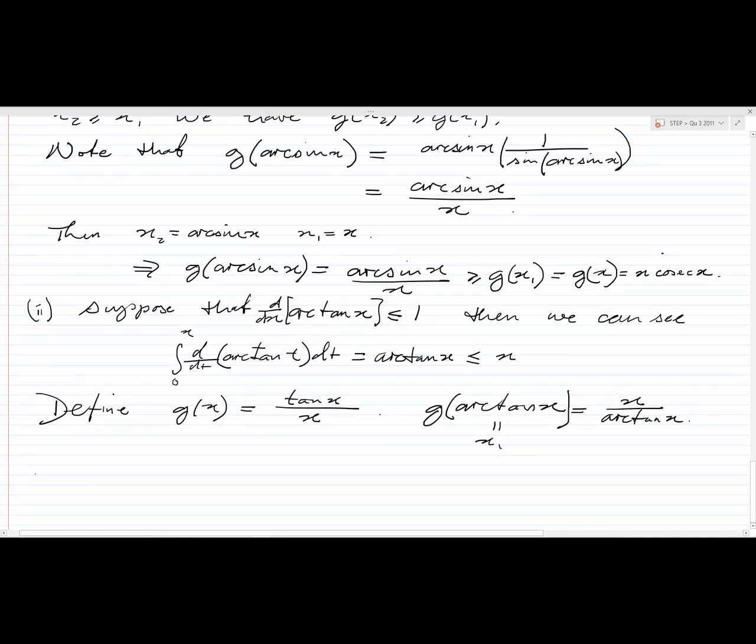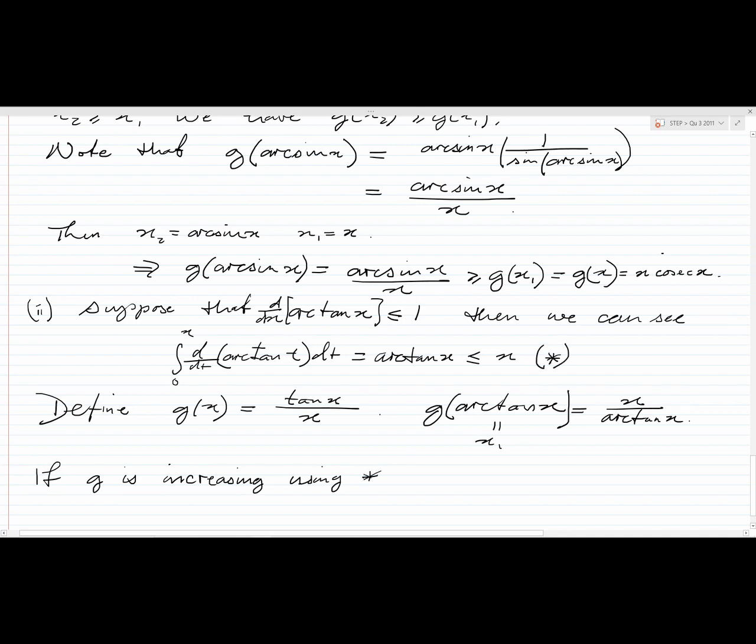if we can show g is increasing, using what we've been given implicitly. We had to differentiate it to find that arctan x is less than or equal to x. Using this, we'll leave it star.